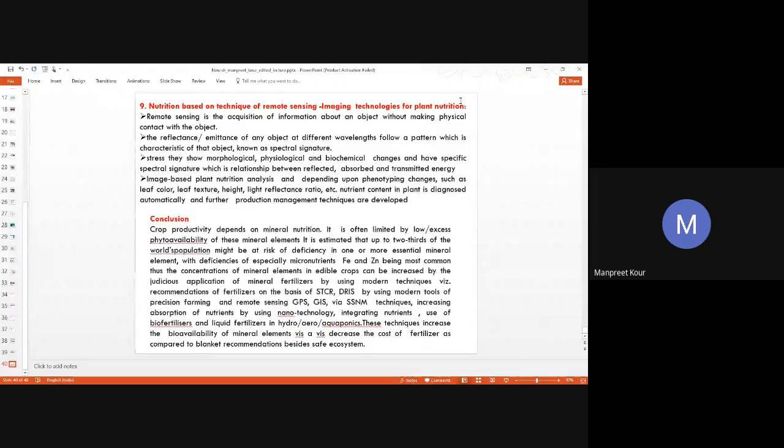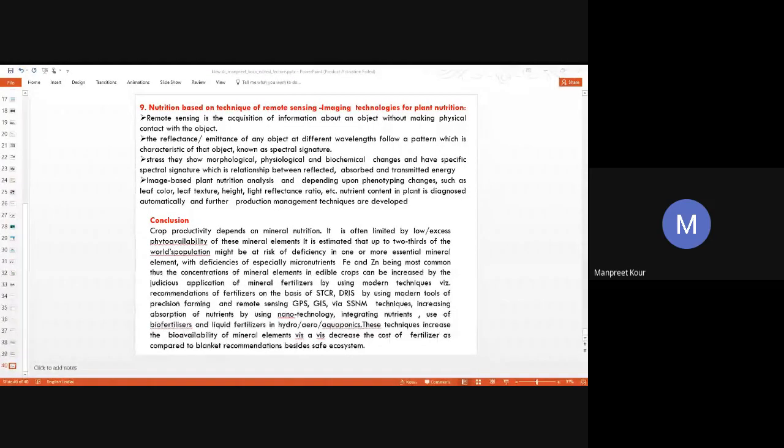So we can conclude that due to the changing scenario under climate change and problems of food security, we have to shift from blanket application to modern techniques of nutrition which can increase nutrient use efficiency as well as productivity, and also so that we do not emit more greenhouse gases.